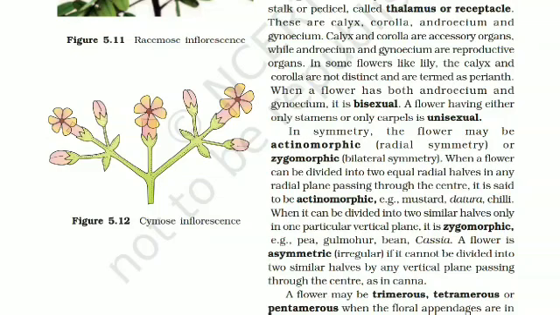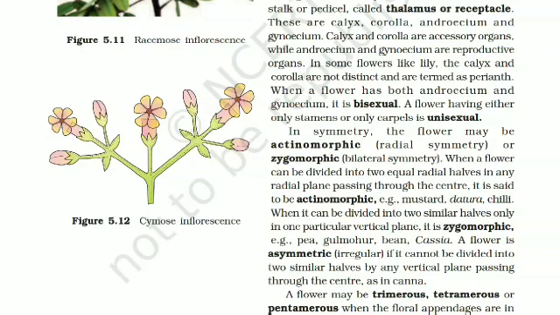For example, datura. Datura flower is common, so I gave the name, mustard also. But when it can be divided into two similar halves only in one particular plane, then it is called zygomorphic. So, zygomorphic relates to bilateral symmetry and actinomorphic relates to radial symmetry. Zygomorphic flower example is pea, common example bean.